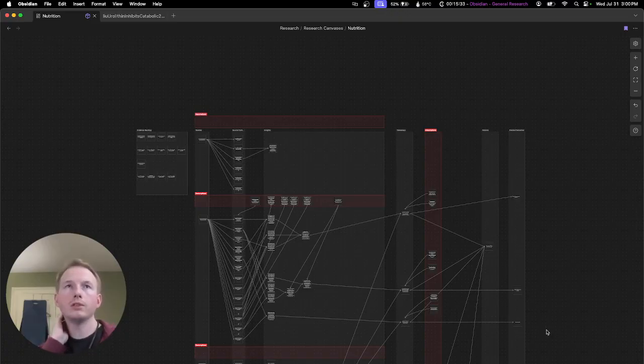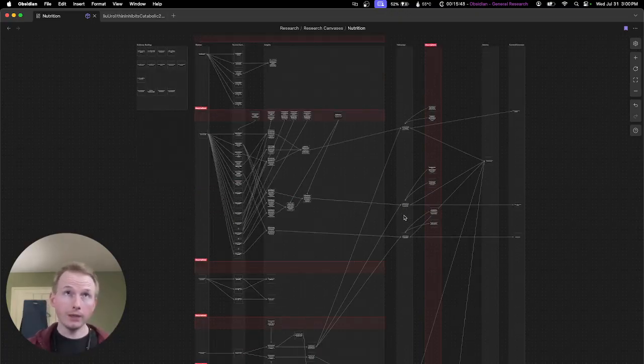So because it's an infinite canvas and it's not easy to navigate, it can continue to grow and grow and grow, and it can be very difficult to find your place. So anyway, I've split out. I've gone from one canvas to several. I can't remember how many I've got working right now.